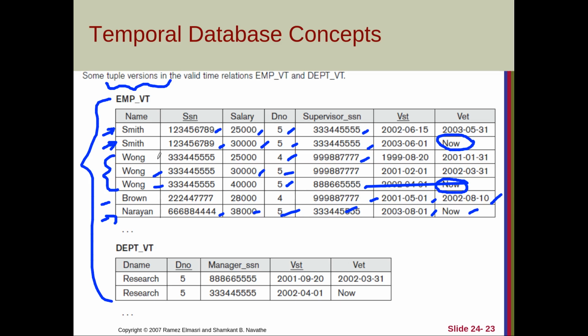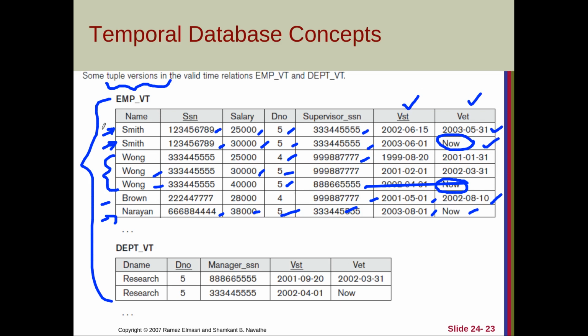This is for the employee valid time relation table. I hope it is clear. This is the employee valid time representation of the employee database schema. A very important thing is the meaning of valid start time and how it is represented, and valid end time has two representations, either an end date or now.